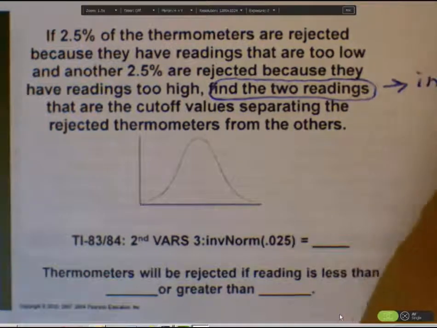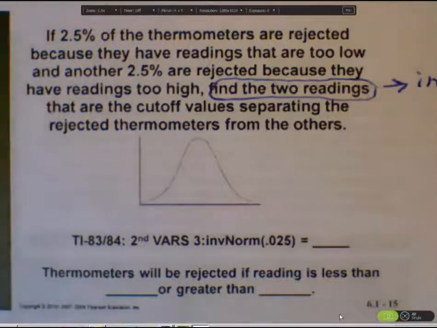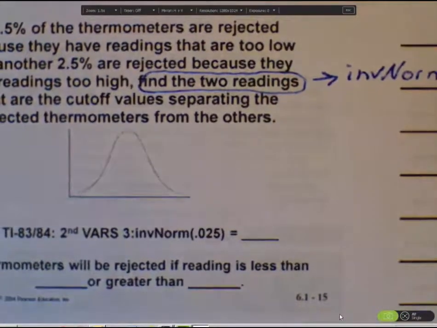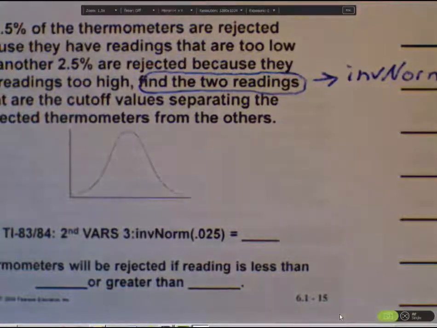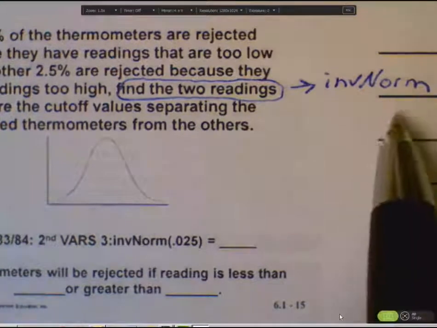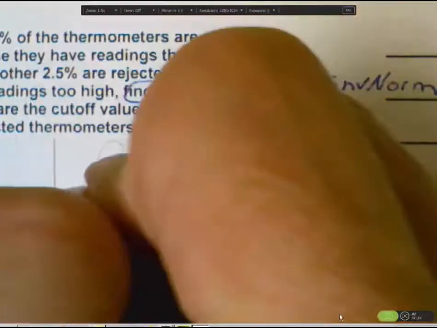That tells me to use inverse norm. And on every problem in Chapter 6, I'm going to draw my normal distribution so I can determine what numbers to enter after inverse norm.